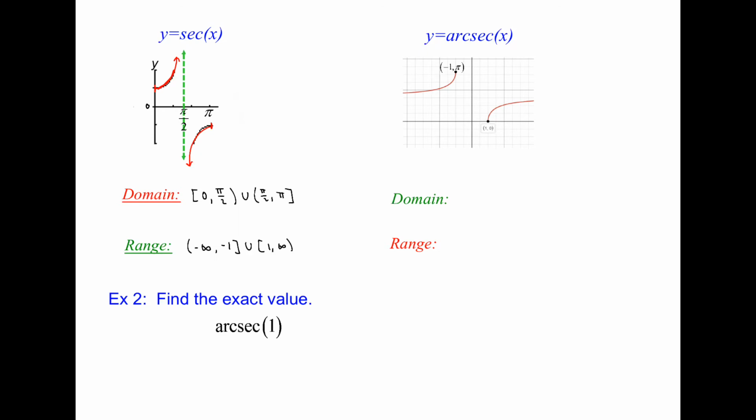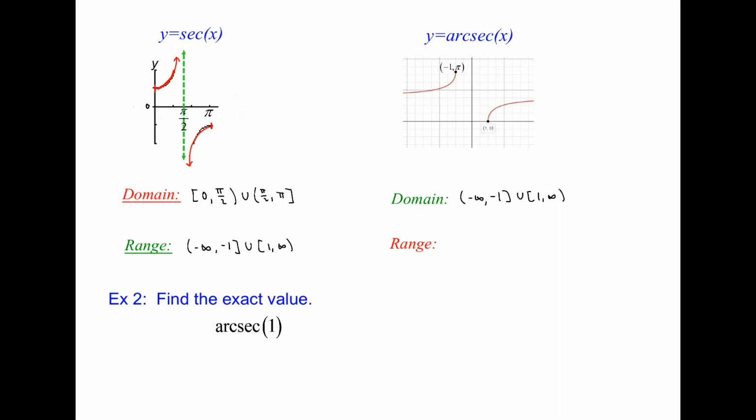Okay? And then now when we go to look at arc secant of x, and you can kind of see the graph here in terms of its inverse, the domain becomes the range of its original function. So the domain will be negative infinity to negative 1, and these will be the values that get plugged into the function, or your input, and then from 1 to infinity.